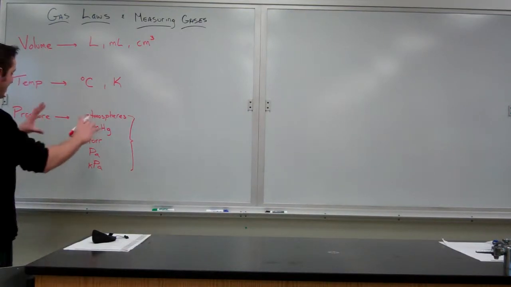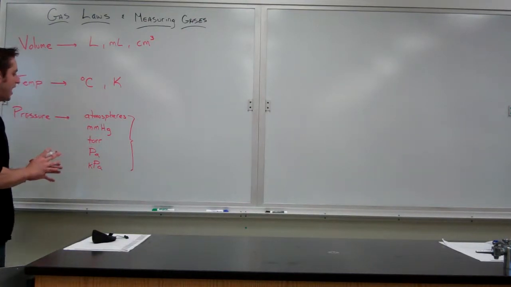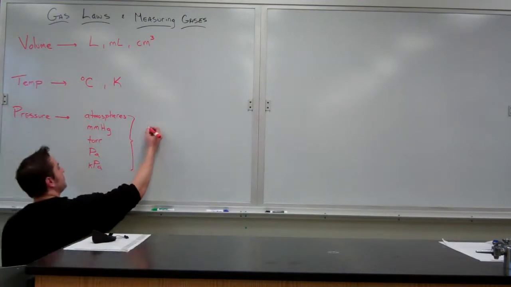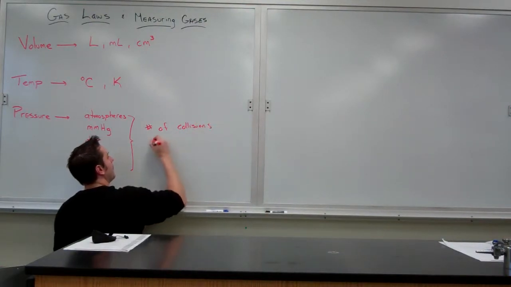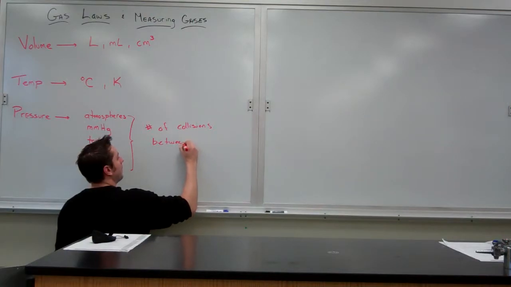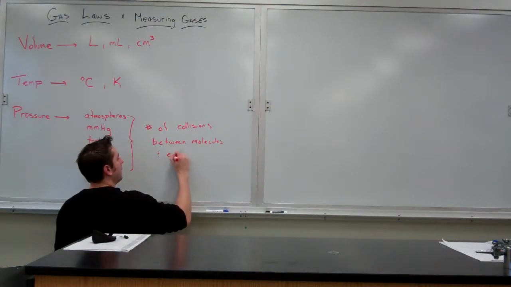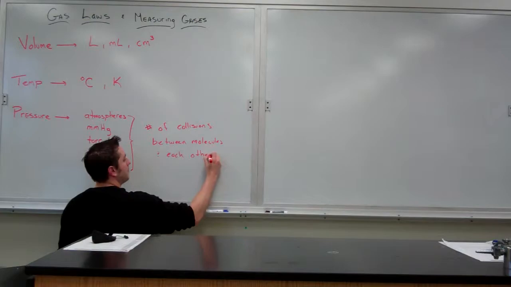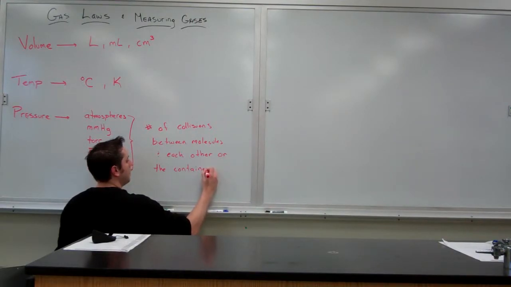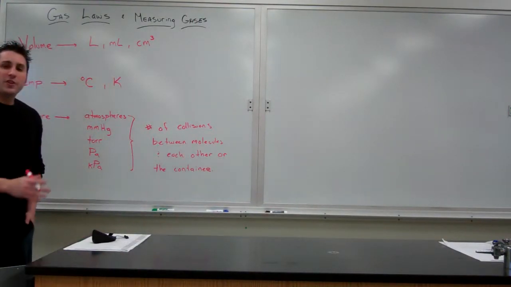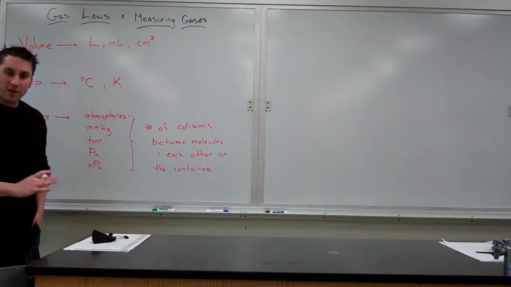So in an attempt to tie this into what we've done in earlier parts of the chapter, where we looked at gases moving around as molecules all the time, we will define pressure as the number of collisions between molecules and each other, or the container that they are contained in.